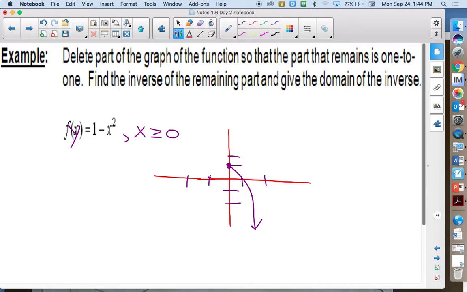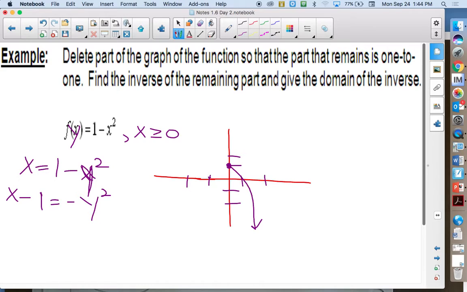So this is y, and then find the inverse. Take the 1 to the other side.